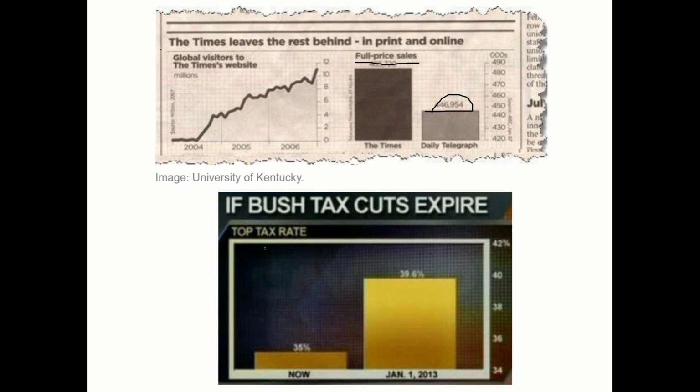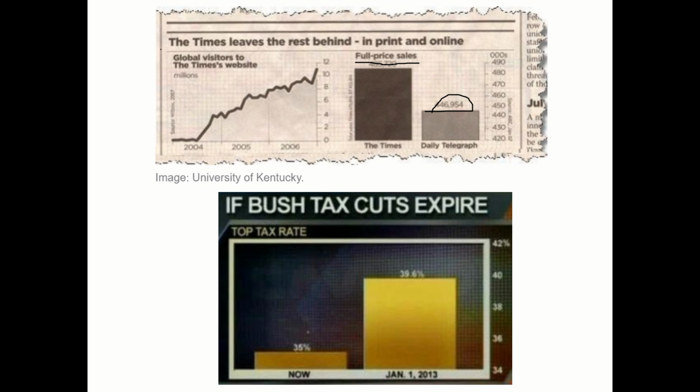Same problem is here in the second chart, which was in the news. They were talking about the tax rate. At some point, a tax code was about to expire. If that occurred, it would increase the tax rate from 35 to 39.6, a 4.6 point difference.